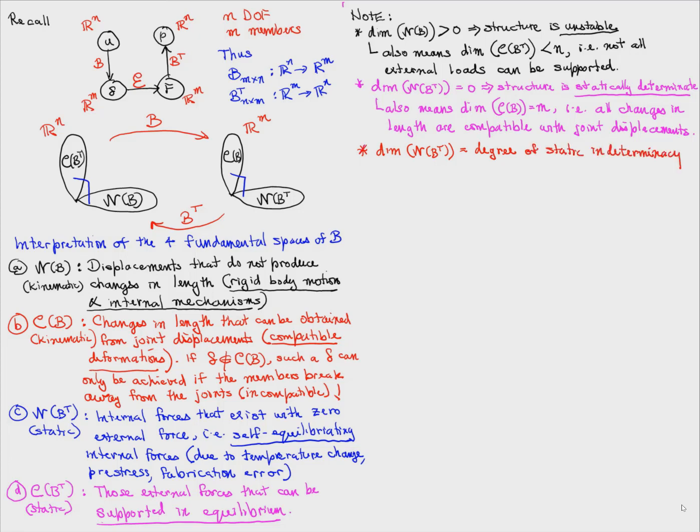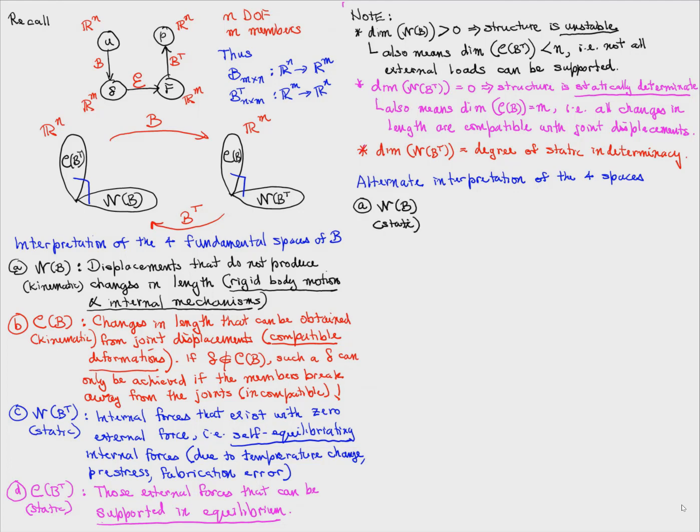But there is also a possible alternate interpretation of the four fundamental spaces. And in this alternate interpretation, what was a kinematic interpretation before will become a static interpretation, and vice versa. So in this alternate interpretation, let's look at the null space of B first.